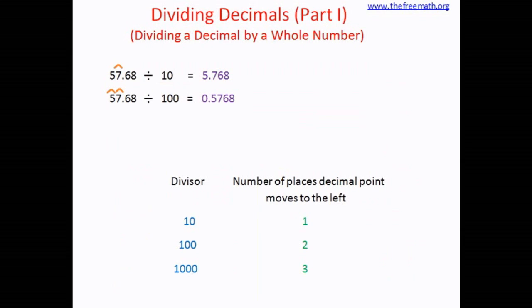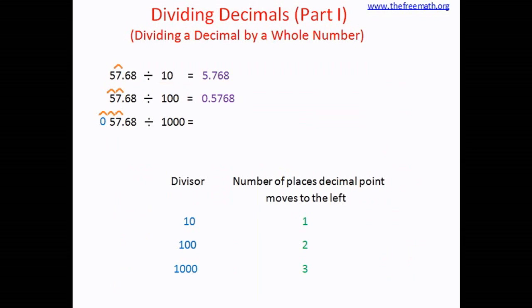Hence the answer is 0.5768. If you are dividing the same number by 1000, the decimal point moves 3 places to the left, but there are only 2 digits here. So what should we do? We can put an extra 0 before 57.